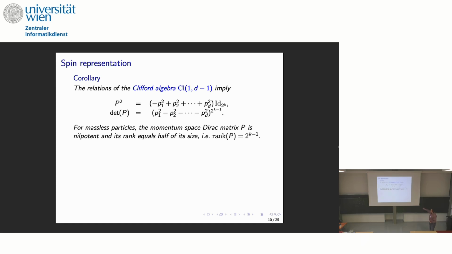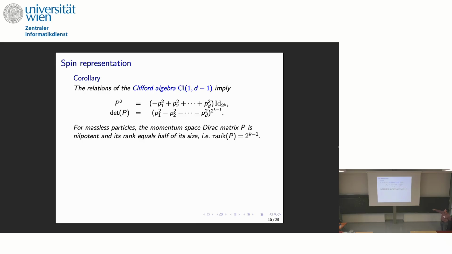Actually, this makes the inner product manifest, because the inner product is made manifest by squaring a big matrix, representing the Lorentzian inner product on momentum vectors simply by squaring the matrix P. So one lonely, tiny particle is represented by one big matrix, and the inner product of this thing with itself is just represented by squaring P. Now the determinant of P, if you work it out, is again the same thing, up to the appropriate even power, and if P is massless, then the determinant is 0.